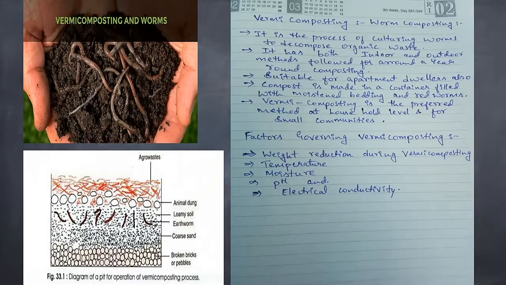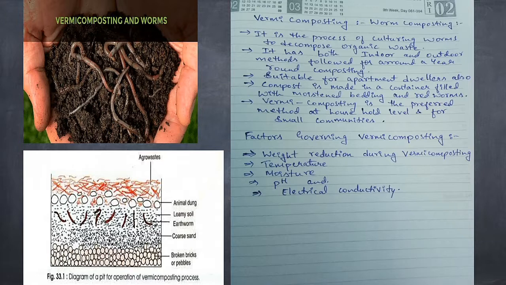The main thing we have to know in vermicomposting is what the main factors responsible for vermicomposting are. That is weight reduction during vermicomposting, temperature, moisture, pH, and electrical conductivity. As we know, for whatever kind of decomposition it undergoes, we have to maintain these things.